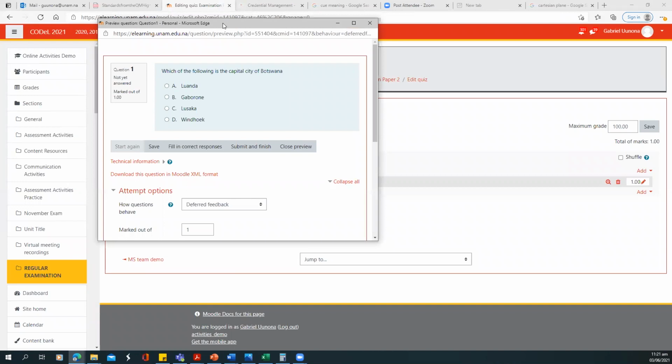That's what the system takes. So Gaborone can be at D for student one, at A for student 3, at C for student 5, but Gaborone is the answer.